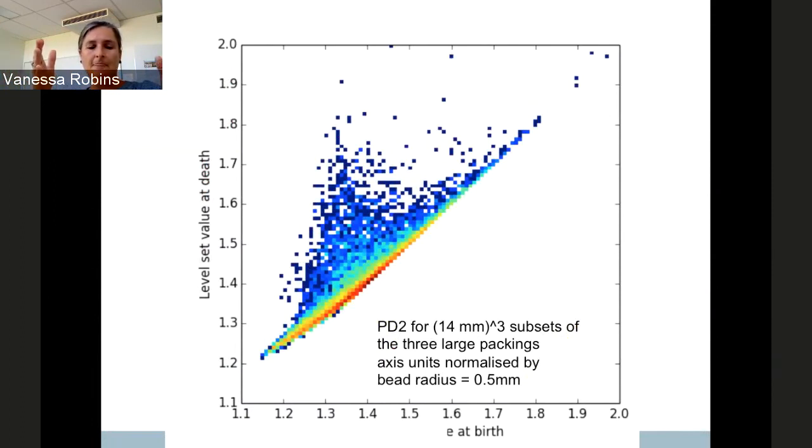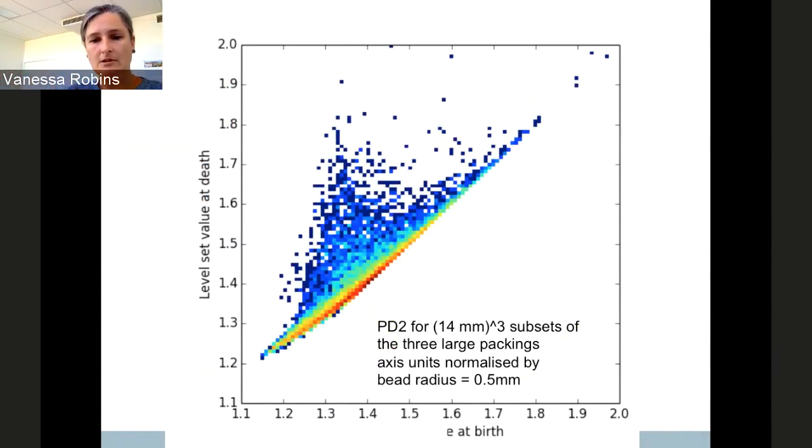So what we've done instead is take smaller subsets with around 3,000 to 4,000 beads in them, and we look at their persistence diagrams and we see how those persistence diagrams change with the packing fraction.